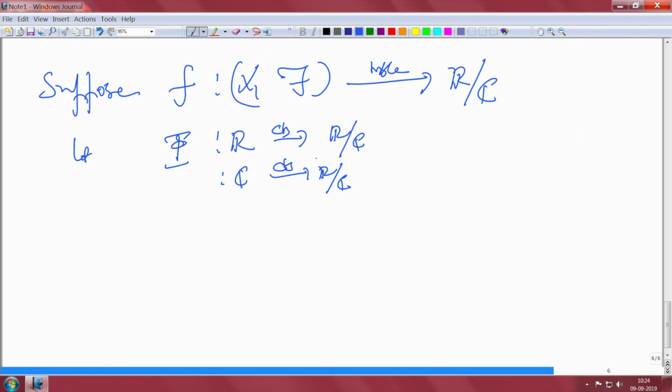Let us say phi is continuous. Then if I compose these two functions, I am going from X to R or C by f, and from here to R or C by phi, and I am looking at the composition. So what is the composition?